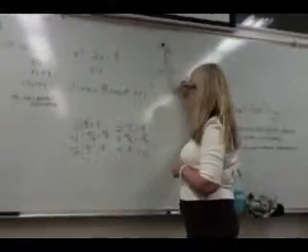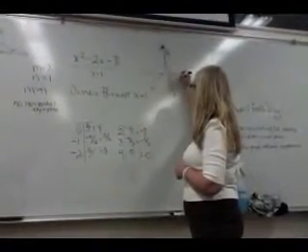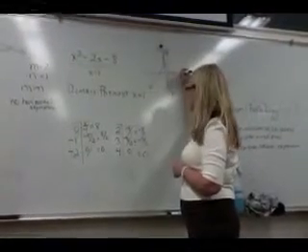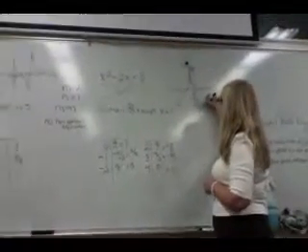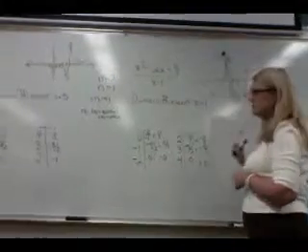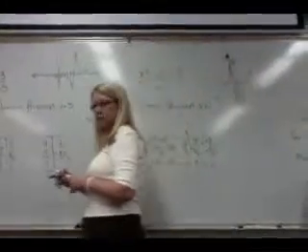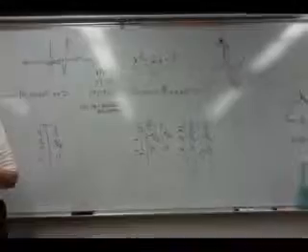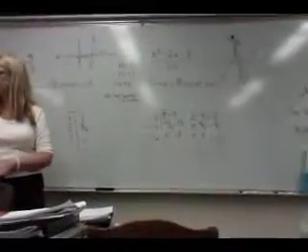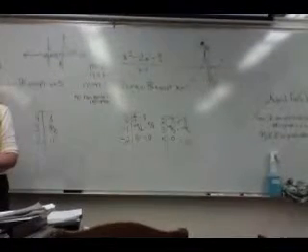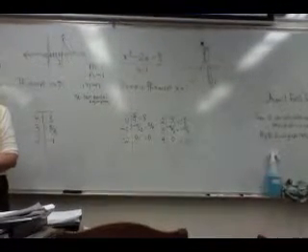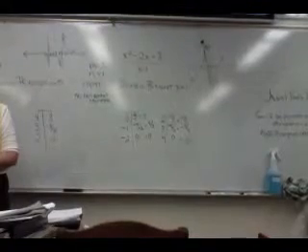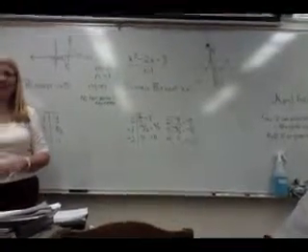And at 2, we're going down 8. At 3, we're going down 2.5. And at 4, we're at 0. So any questions on that one at all? Okay. Good. Thank you.